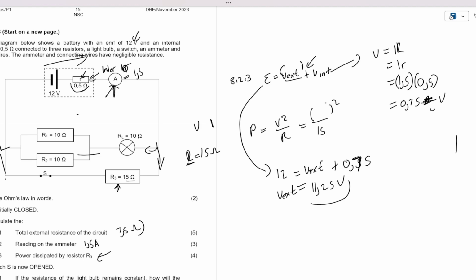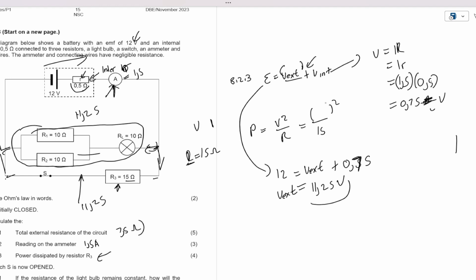So now we are just going to substitute it here, because when we see that resistors are connected in parallel, why am I treating this as one branch and this as one branch? Because we have agreed at the beginning that we can combine resistors, as long as there's one branch and this one branch, all of these inside will be seen as one resistor. All these inside are going to share the same volts, which are 11.25, and this one also, because it is in one branch, is going to have 11.25, because resistors connected in parallel do what?